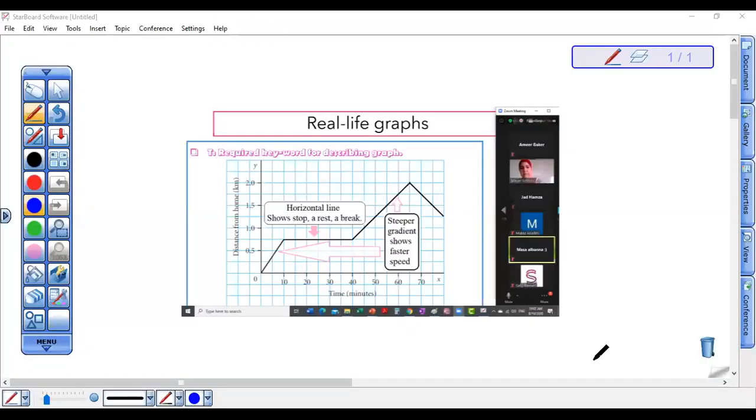Tell me if it works, okay? Now I will share. Do you see now the graph?